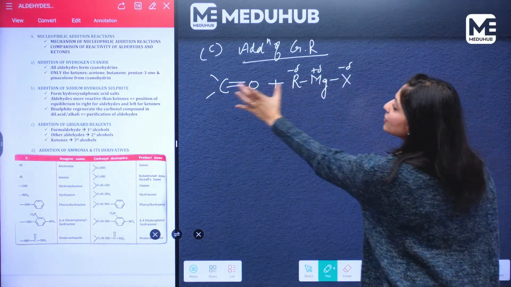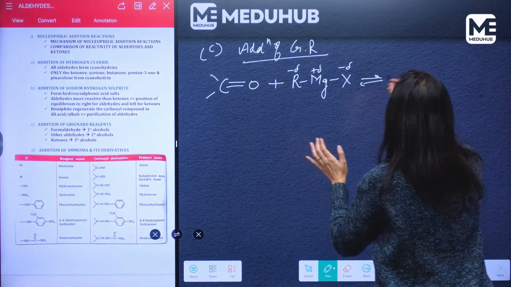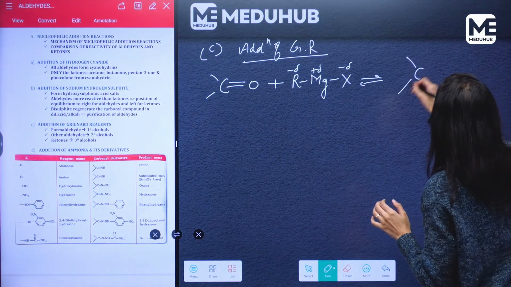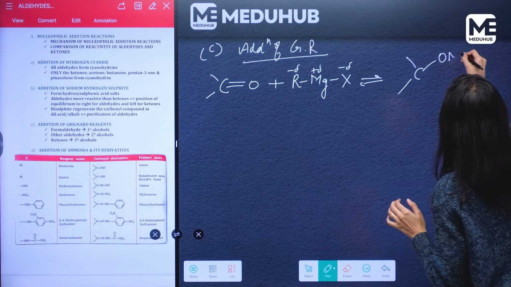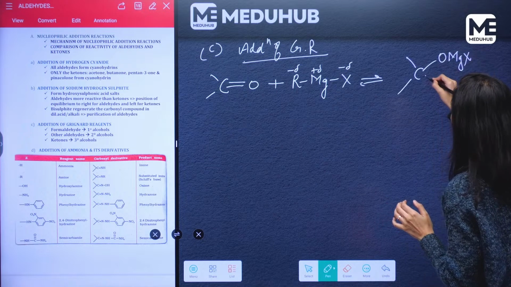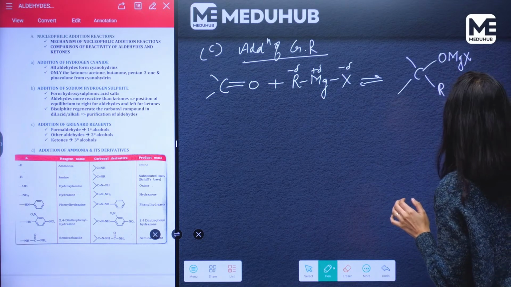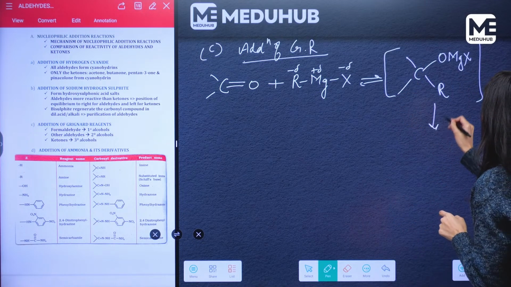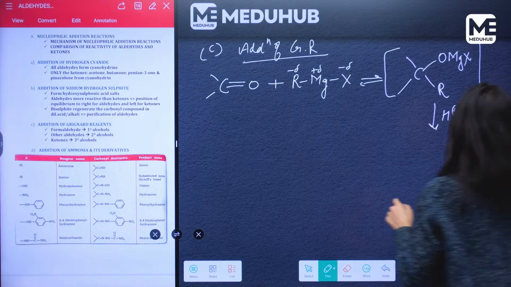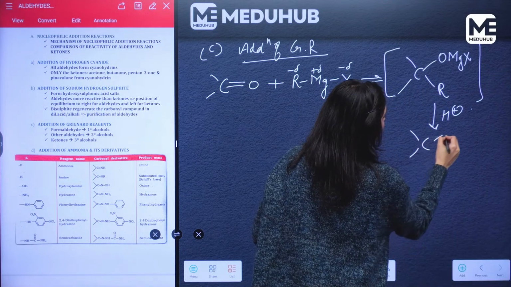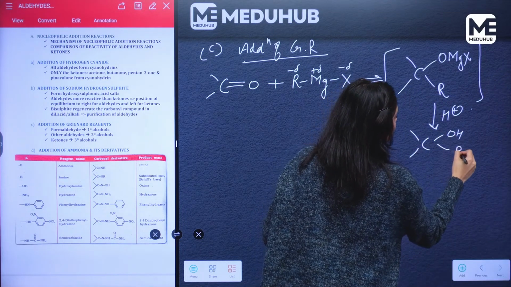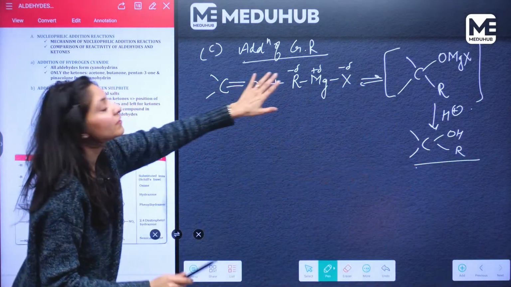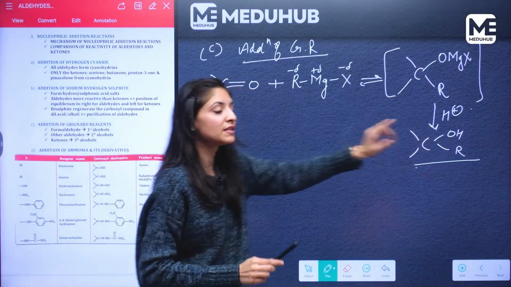When a Grignard reagent reacts with a carbonyl compound, we get this intermediate which decomposes with acid to give us an alcohol. So with Grignard reagent, an alcohol is the product.